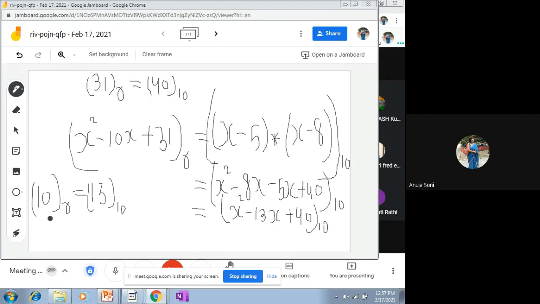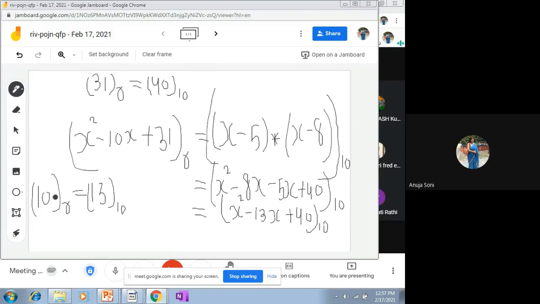How do you convert a number from base r to a decimal number? You know the formula. Apply the formula: successively multiply the digits by r raised to power 0, r raised to power 1, and then add. This way you will get the value in decimal.